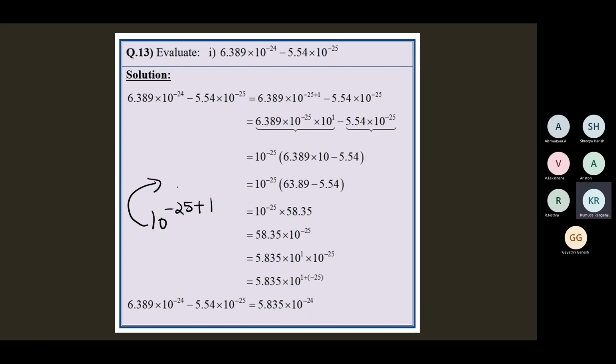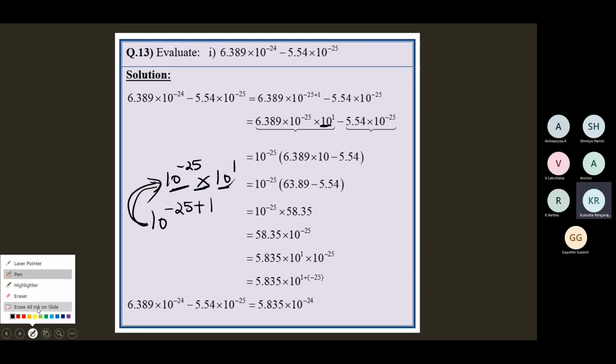The earlier step would have been 10 to the power minus 25 into 10 to the power 1. Here bases are same, 10, and it's multiplication, so we add the powers, minus 25 plus 1.